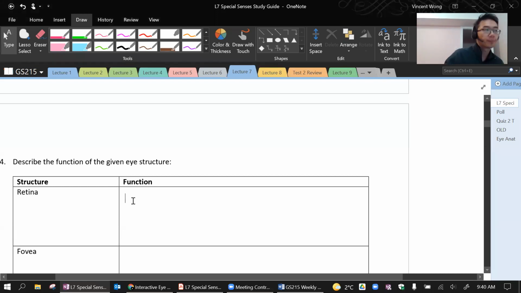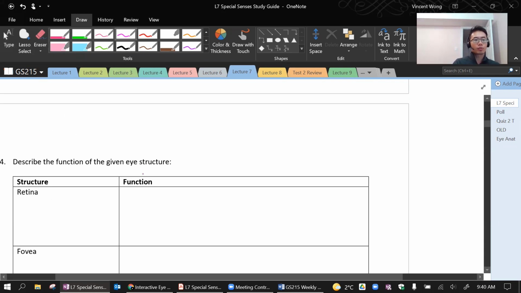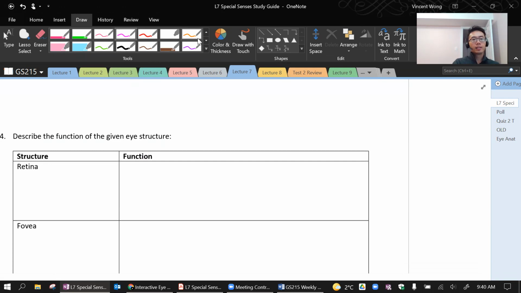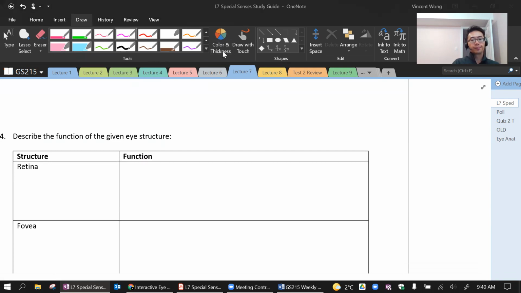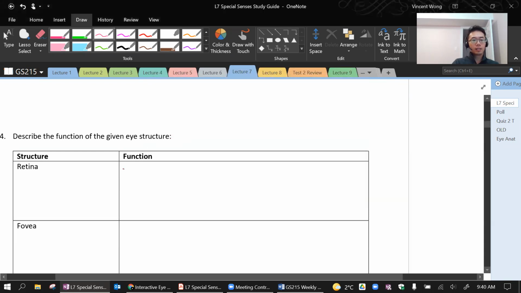Next question. We are going to fill in this chart related to the structure. First one, retina. The retina contains cone cells and rod cells.